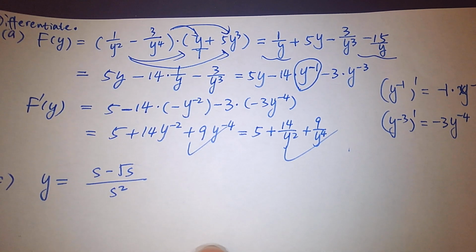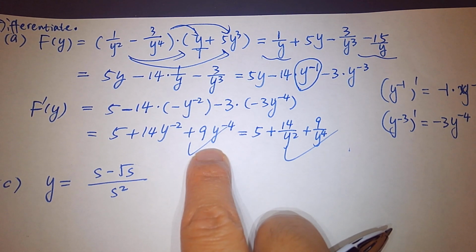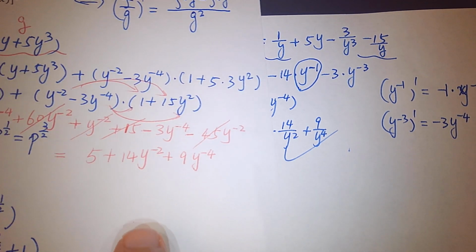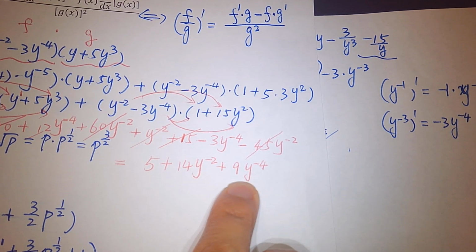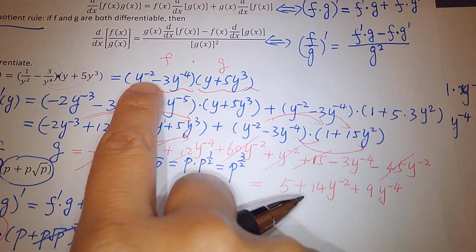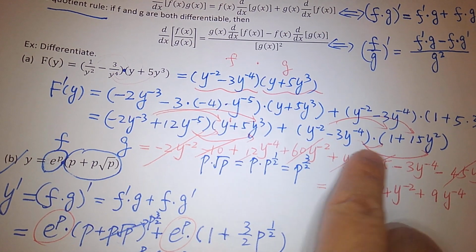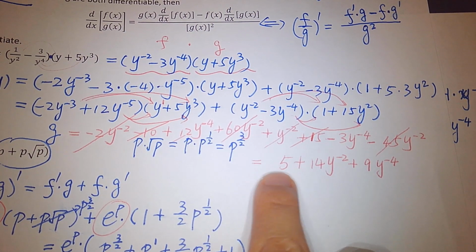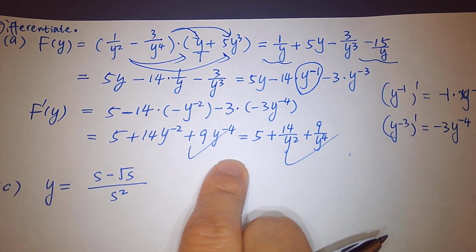Okay, so guys, let's compare this answer with the answer we did last time. Remember, this is the answer from what? We differentiate first, then simplify, right? So we had a lot of calculations. Eventually we get this, right? Is this answer the same as this answer? Yes or no? It's the same.